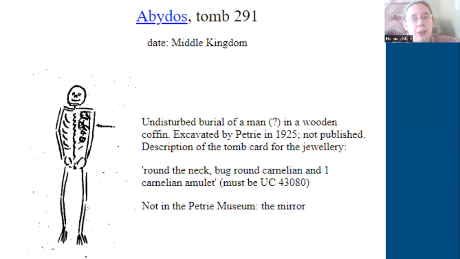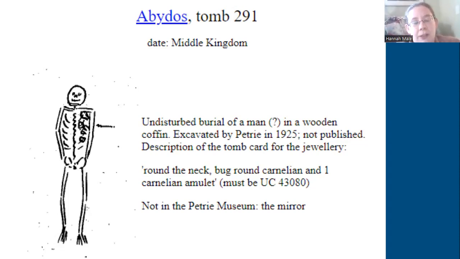So this is from the Digital Egypt site. So this is tomb 291, that was found at Abydos that dates roughly to the Middle Kingdom. And because Petrie dug this tomb, we have, or the University College London has, pretty good records for what Petrie found.